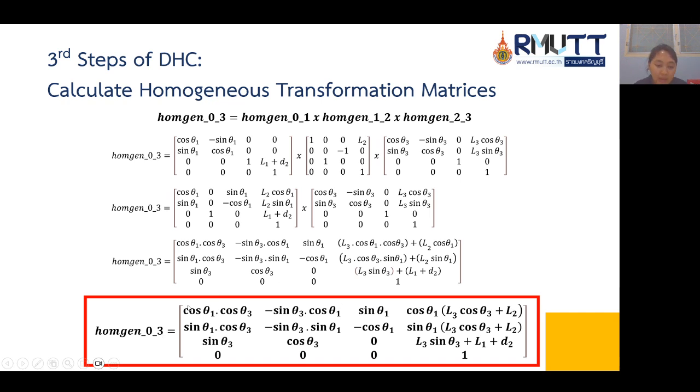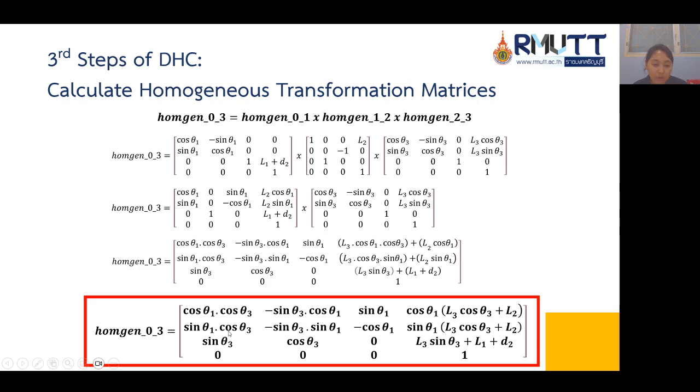The answer is cos theta 1 multiplied by cos theta 3, then minus sin theta 3 multiplied by cos theta 1, and then sin theta 1, and then cos theta 1 multiplied by L3 cos theta 3 plus L2.